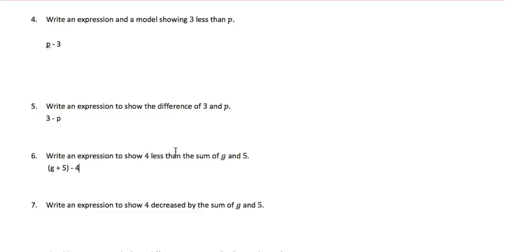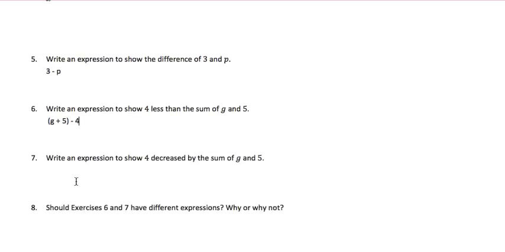That shows 4 less than the sum of g and 5. Next we have 4 decreased by the sum of g and 5. So when you think that through, you're starting with 4, and you're going to decrease it by the sum of g and 5. So inside parentheses, we'll put g plus 5.